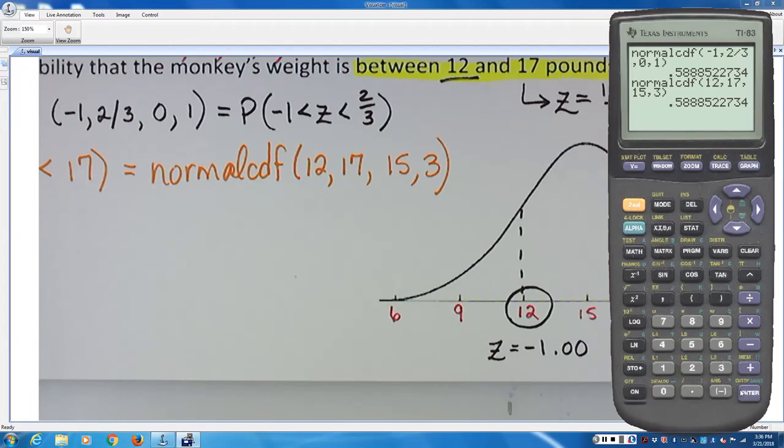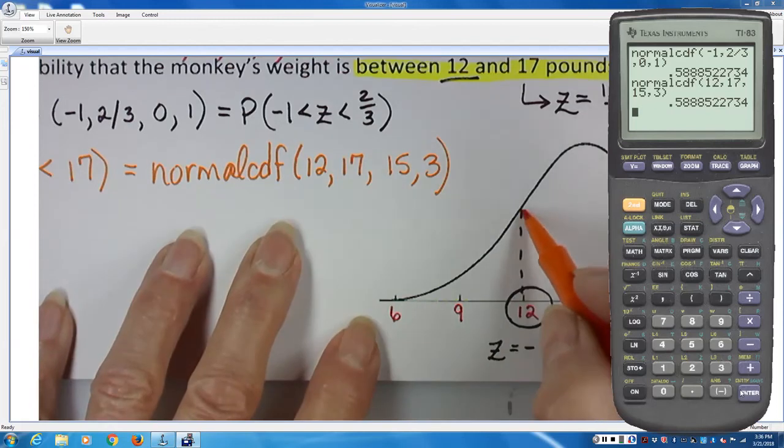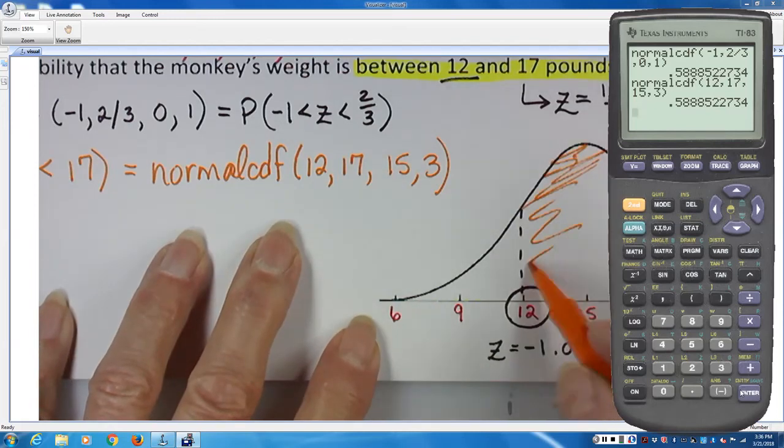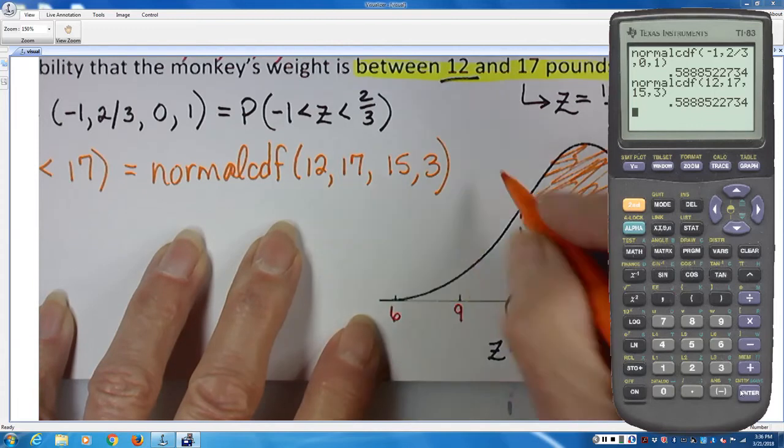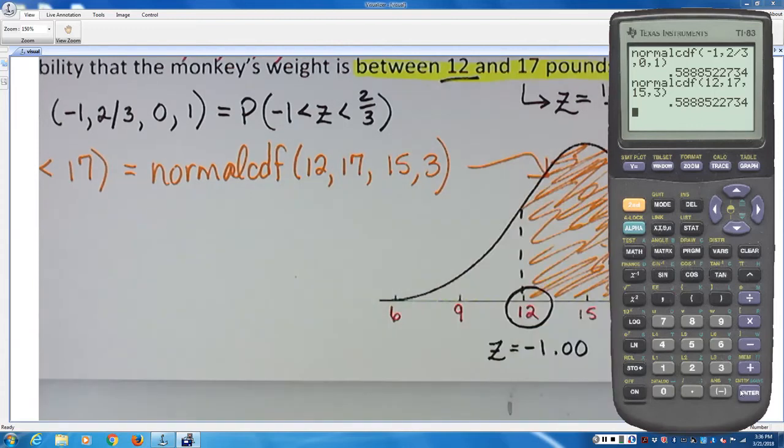And as long as I don't round off any numbers, I don't round 2/3 to 0.67, I do get exactly the same answer. And that's the area between those two values under the curve.